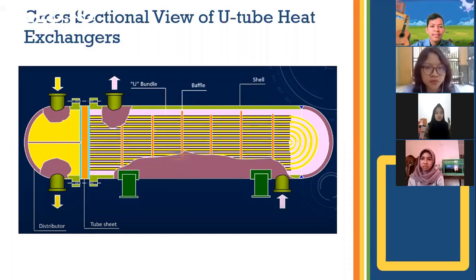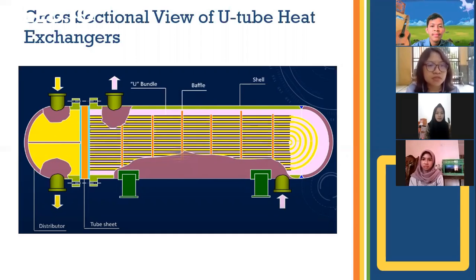For the shell side, it enters from the right and exits to the left. As we know, there is a baffle in the shell side. It makes the flow more efficient, and it will increase the heat transfer of the heat exchanger.